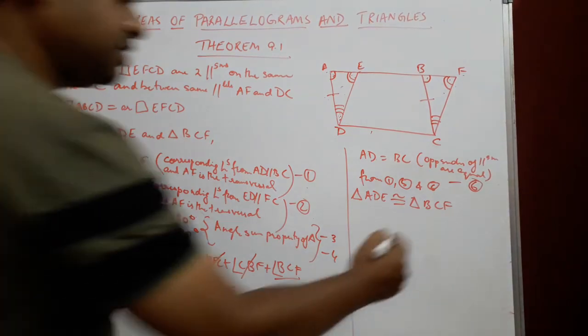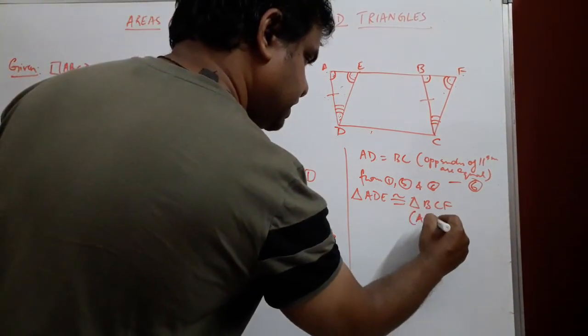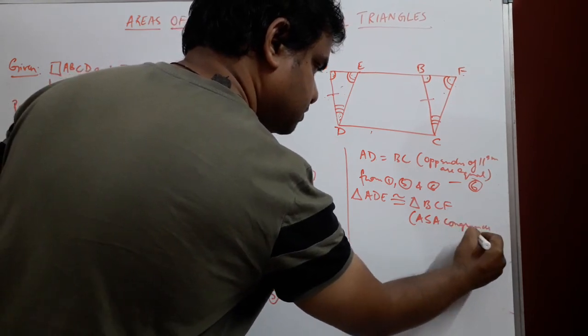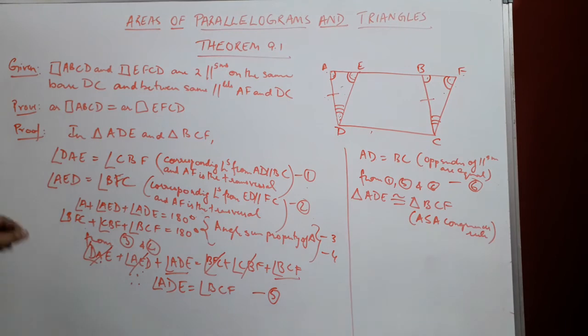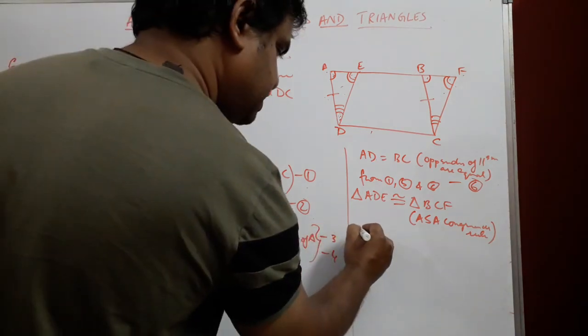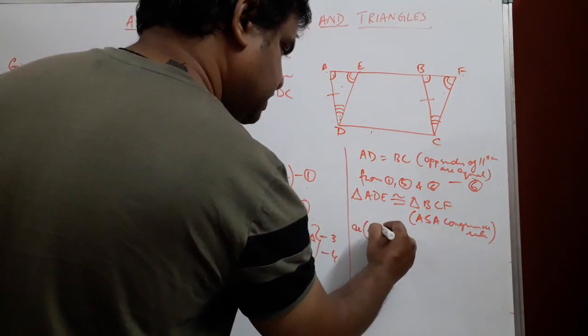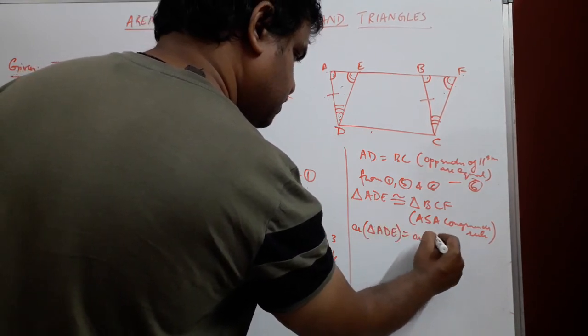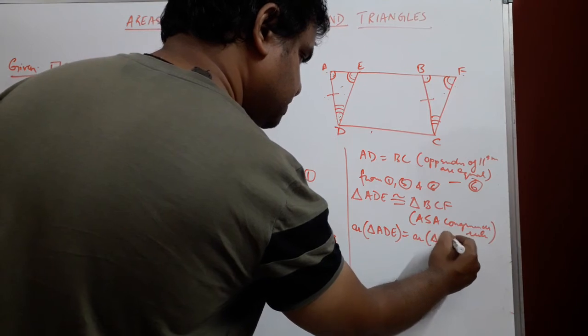Okay, and the reason we give this is ASA congruence rule. Fine. Now that we have got the two triangles congruent, we can take some CPCT. So for CPCT, we'll take that area of triangle ADE is equal to area of triangle BCF.